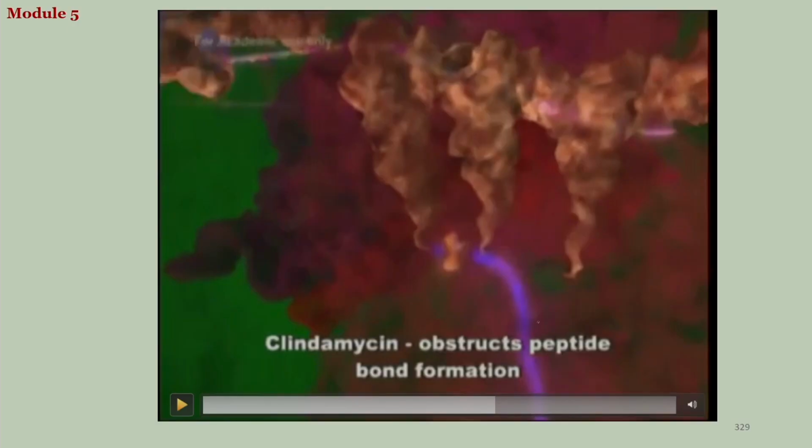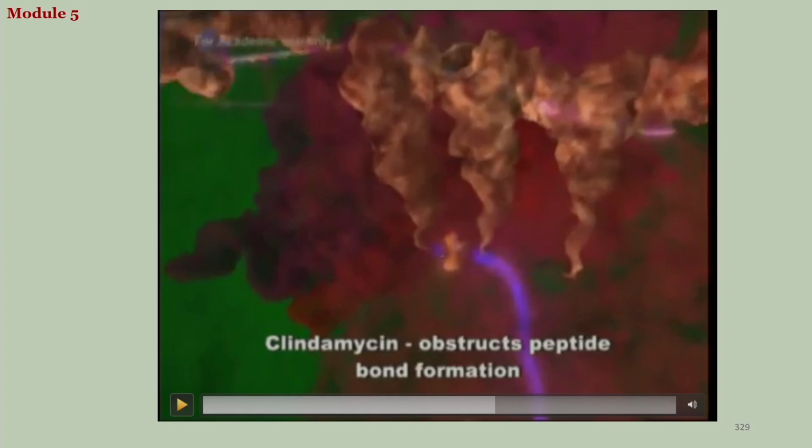If that is done, then the amino acid is capped by the antibiotic and cannot react further. So this is the peptide that was synthesized and more to be synthesized. New amino acid is coming in, but it is capped with the antibiotic, and therefore this reaction cannot happen.